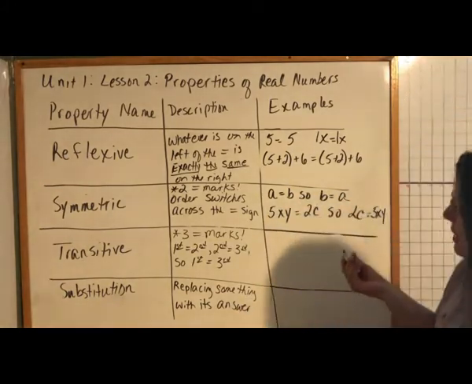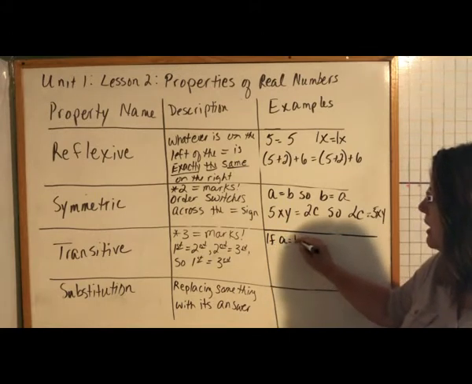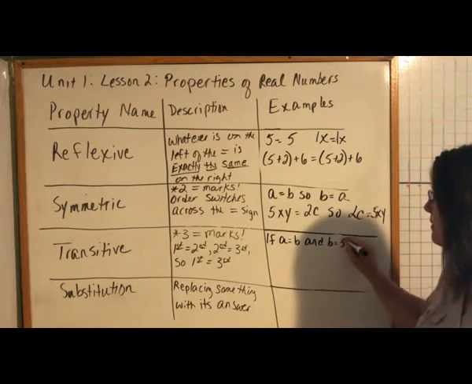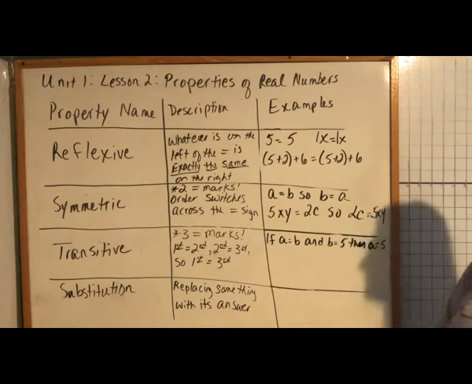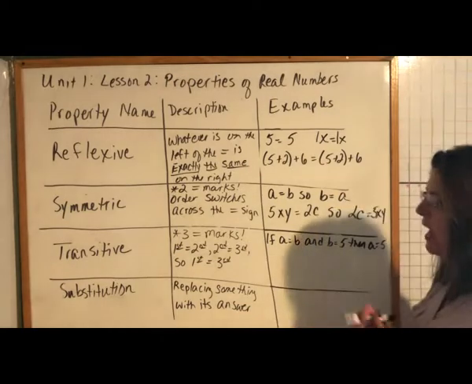So it might look something like this. If A equals B and B equals 5, then A equals 5. Okay? So it's real simple. Here's where they might try to complicate it a little bit.